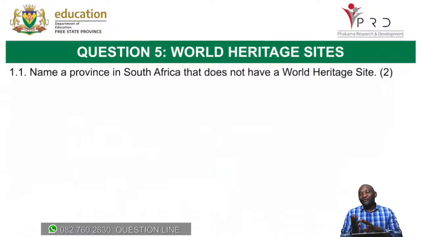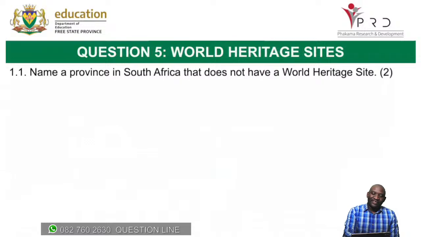Right, so if you think of what we did, we looked at provinces along the coastal areas. If you remember, how many provinces did we look at? Yes, we looked at 3 provinces, right? So how many provinces are along the coastal area? Very good. We have 4 provinces. Some of you have got it right. So which province did we not include in our discussion as hosting a World Heritage Site?